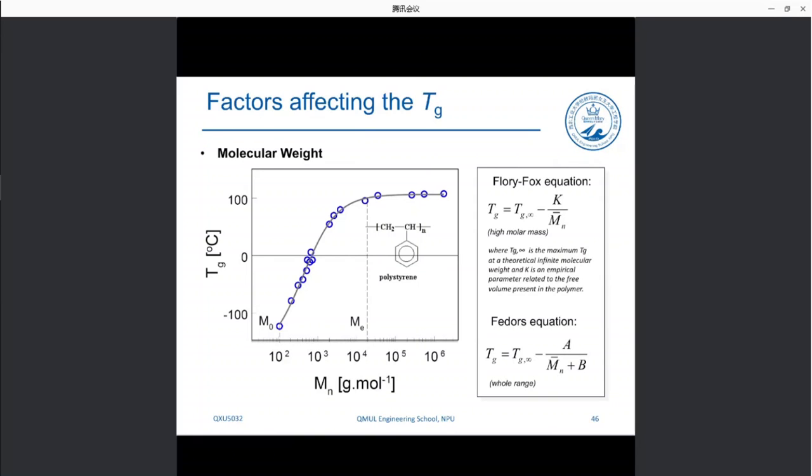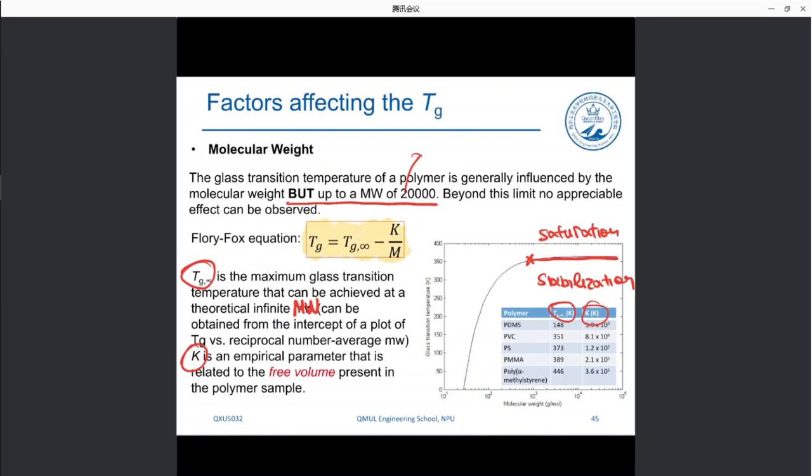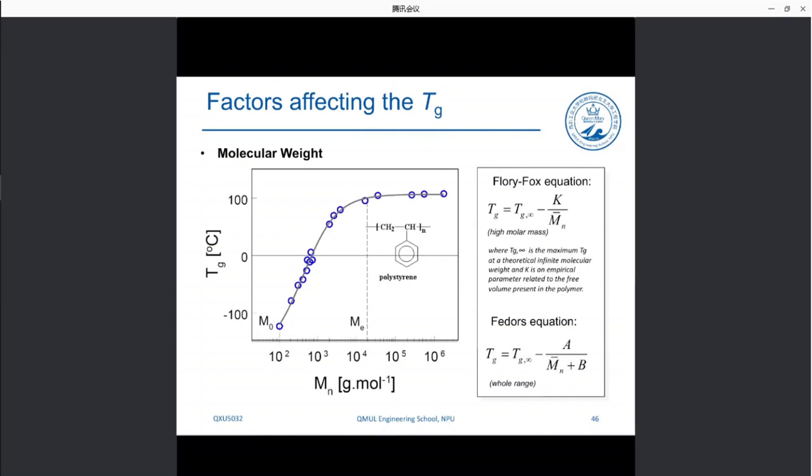But indeed, the situation can be true for different types of polymers, such as polystyrene, up to a molecular weight of 20,000 grams per mole, okay? You can see we have an almost linear increase, and after that, we have the formation of this plateau here, where the glass transition essentially saturates, stabilizes.